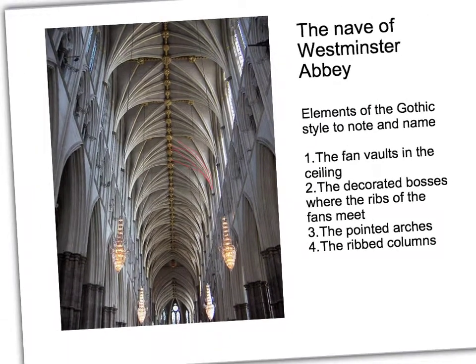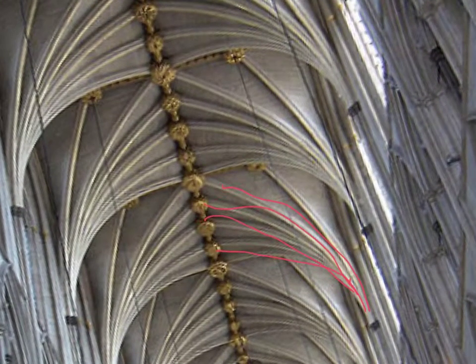The next important element are what are known as the decorated bosses, where the ribs of the fans meet. The bosses are these circular elements here, where the fans meet each other. Those are known as the bosses.